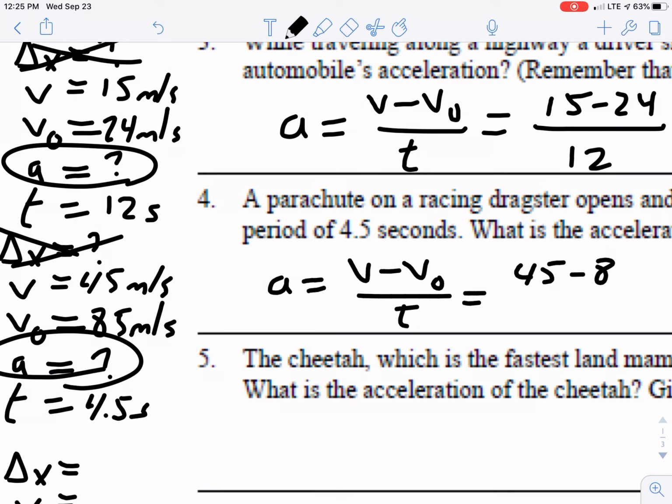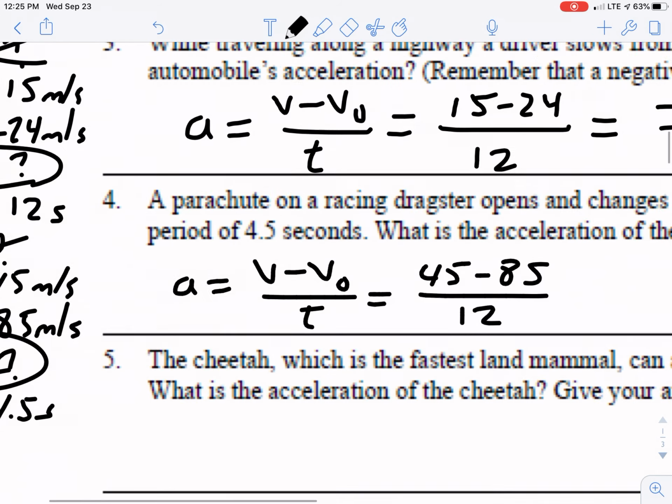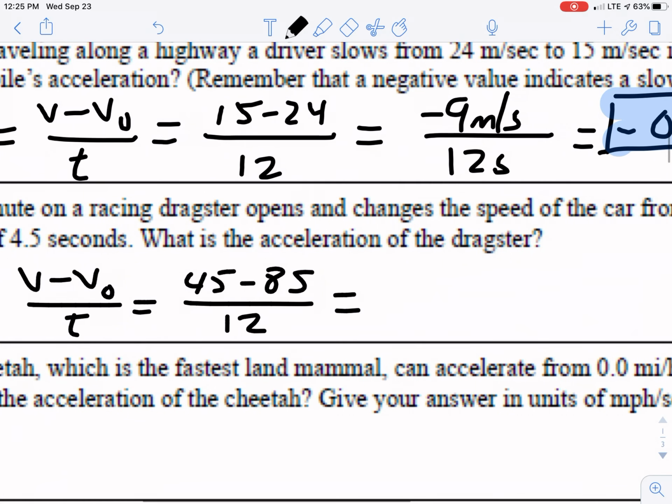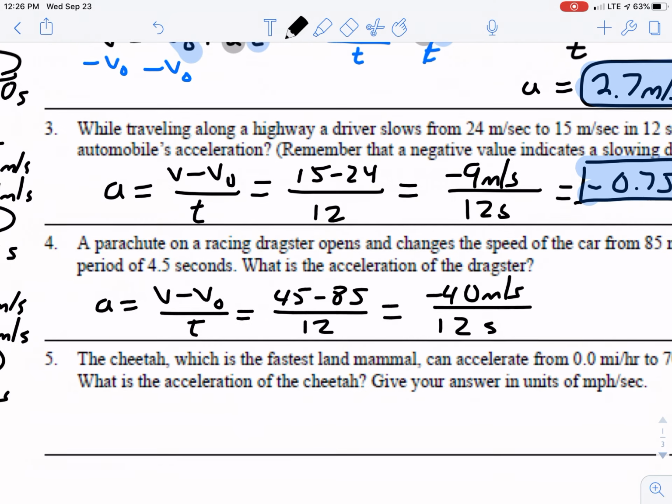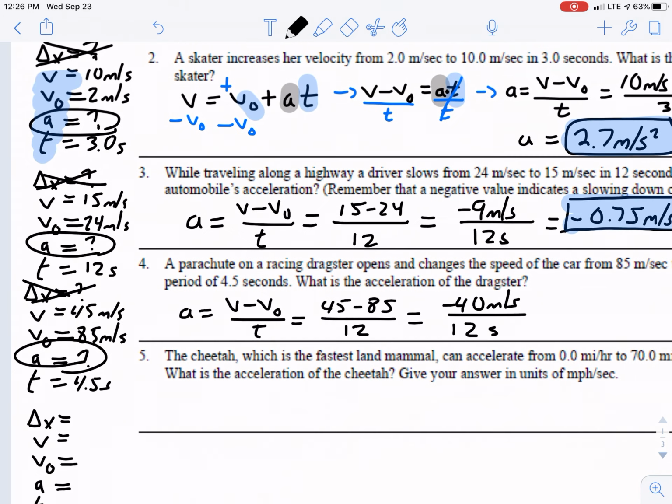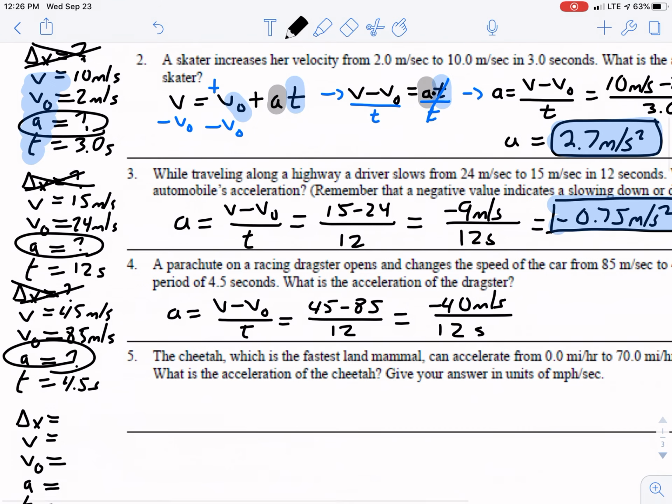45 minus 85 over 12 would be negative 40 meters per second over 12 seconds. Oops, not 12 seconds. My mistake. Sorry, 4.5 seconds.